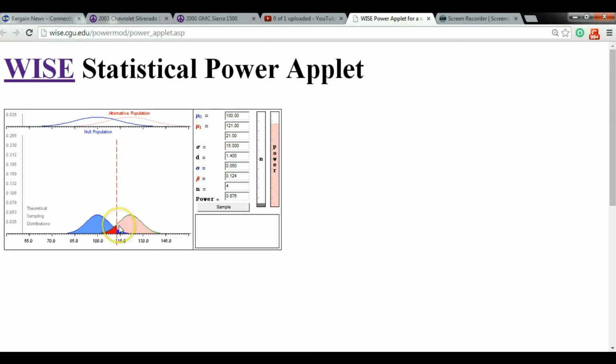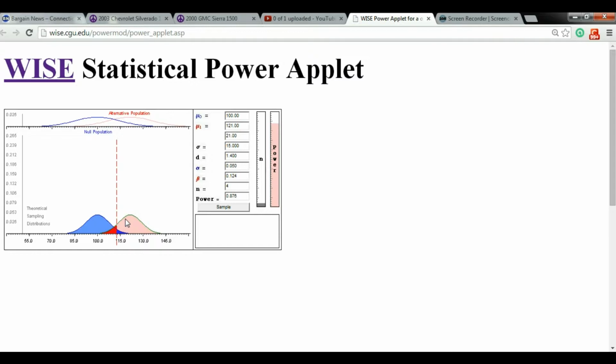Where is that represented here? Well, from here all the way over to here. So this pink region and this little blue region down here are all part of this. That means we drew a sample that wound up in the rejection region.